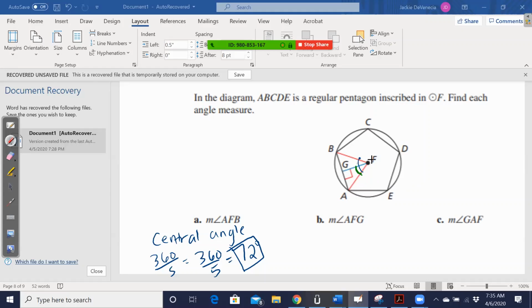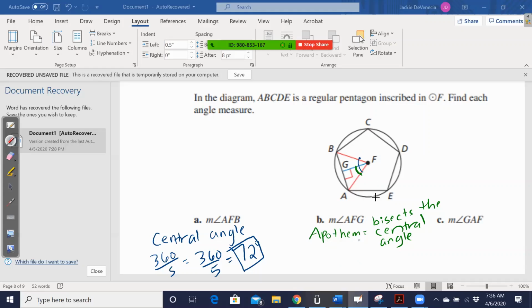And if we remember with the apothem, so here we have the apothem, this bisects the central angle.